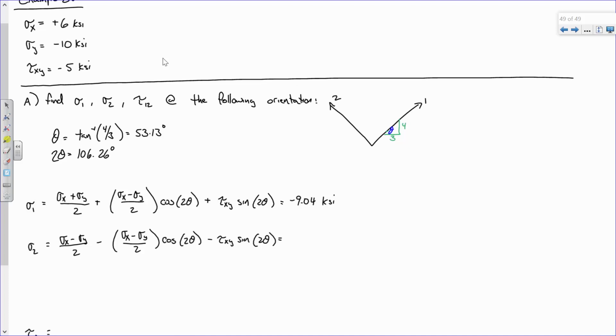What do we got for this one? And so really the ones that changed are that sign.